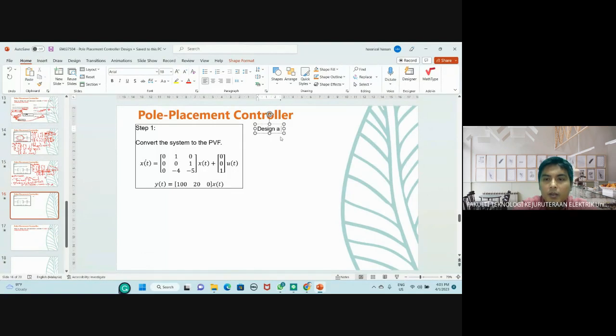Design a pole placement controller to make sure the compensated system has 20% overshoot and 5-second settling time.